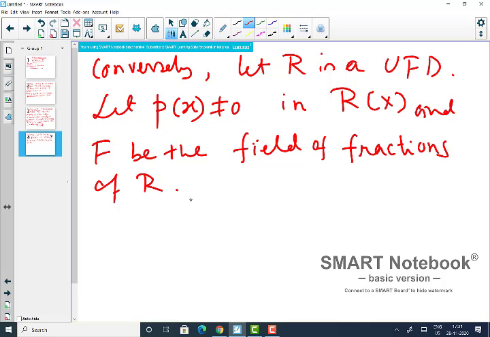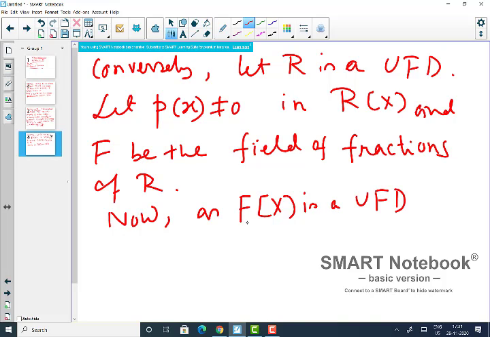That means you are thinking of this p(x) as an element of F[x]. Now, F[x] is a UFD. F[x] is always a UFD, right? Whenever you have a field, the polynomial ring over the field is always a Euclidean domain, and hence a principal ideal domain, and hence a unique factorization domain.